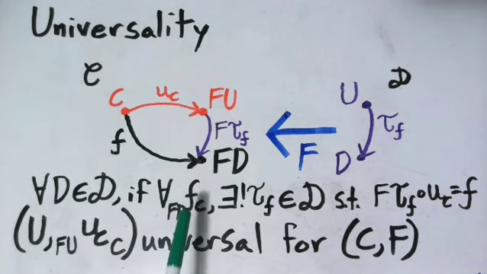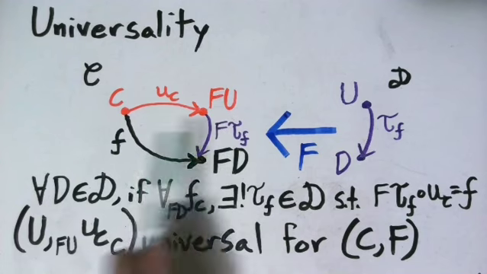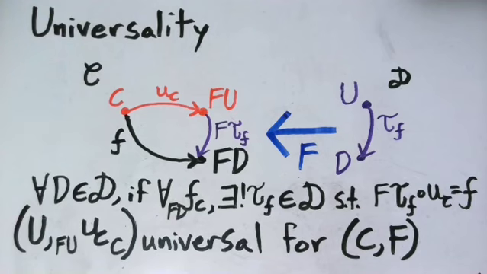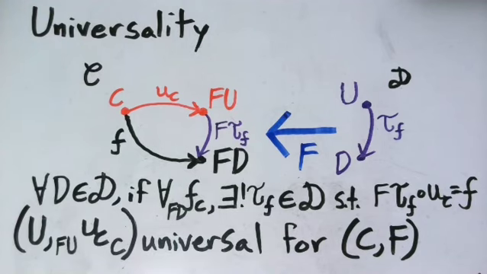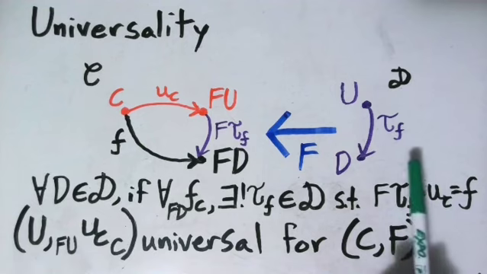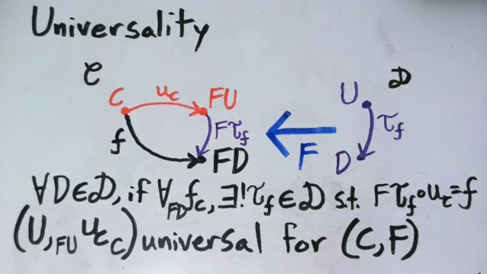So we may not know whether there's a morphism from F of U to F of D that makes this chain commute or not. But in this case, we're saying we know that there is one that makes this commute. And on top of that, the second piece of information is that there's only a single morphism in D that maps to that special morphism that makes that chain commute.